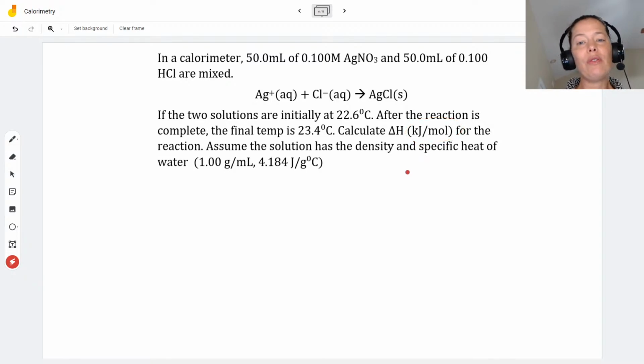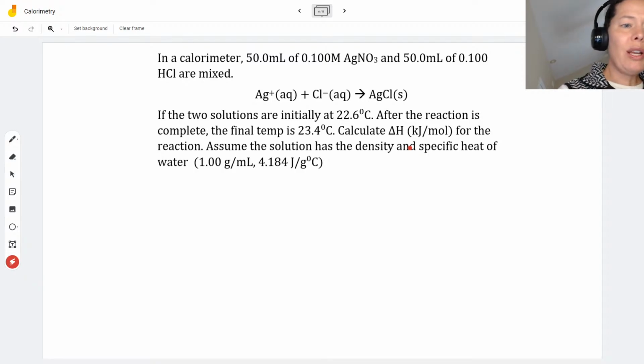When I see the units for delta H, I think kilojoules, that should be able to come from some kind of Q calculation. And moles, I'm going to need to find moles for this specific reaction. So I'm thinking a little bit of stoichiometry here. But first, let's focus on getting the heat, looking at getting the kilojoules.